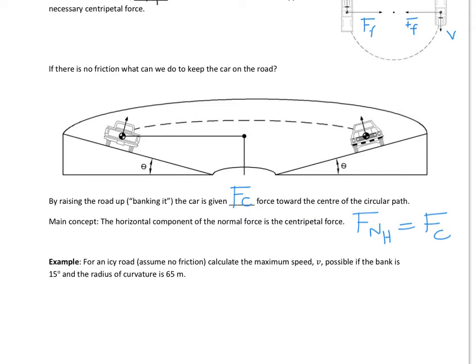So let's take a look at what's happening here with these sketches. We've got two cars on a curve, and we really want to notice where the center of the circle is. This really matters, because the big question we usually get is, why are we resolving Fn?